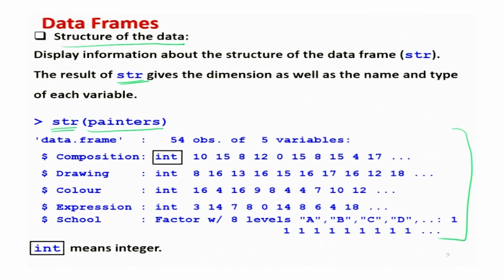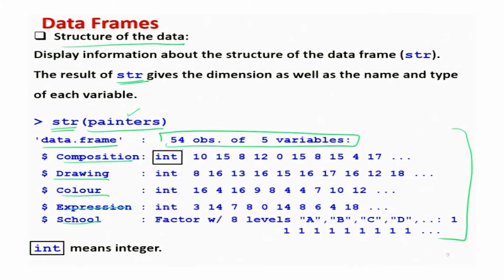The first line indicates that painters is a data frame, and it has 54 observations on 5 variables. Then it gives you the names of those variables: composition, drawing, color, expression, and school. After that it gives you the type of observation these variables have.